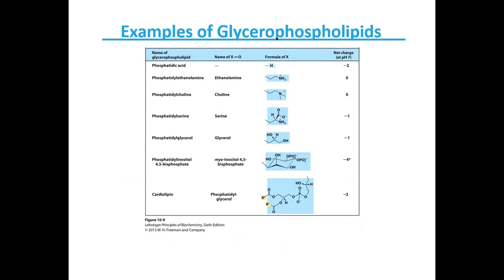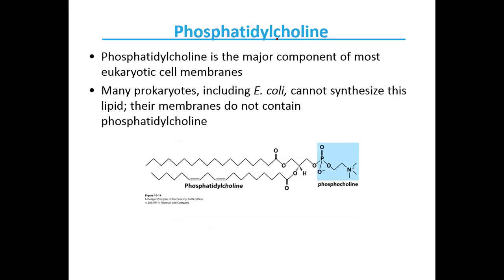Phosphatidylserine, serine group may be present. Sometimes one more glycerol molecule is attached, so phosphatidylglycerol may be present, or sometimes phosphatidylinositol, at the position of the alcoholic group to make the head of this molecule.